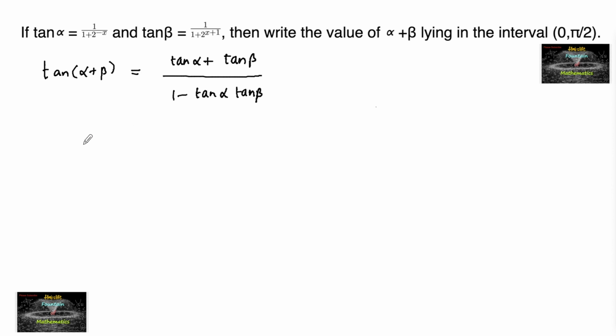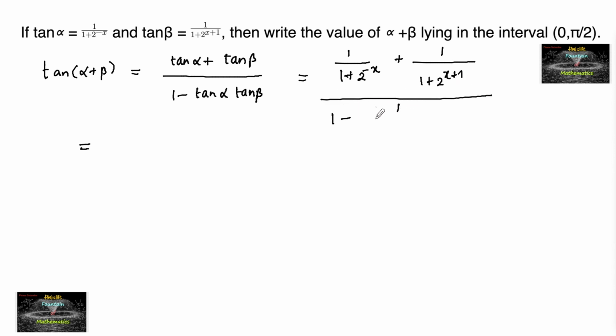So that we have 1 upon 1 plus 2 to the power of minus x plus 1 upon 1 plus 2 to the power of x plus 1, upon 1 minus 1 upon 1 plus 2 to the power of minus x into 1 upon 1 plus 2 to the power of x plus 1.